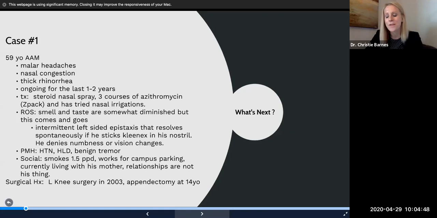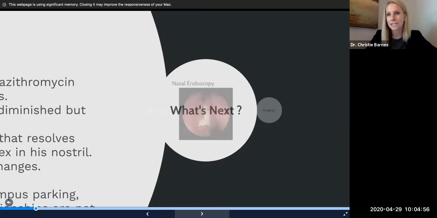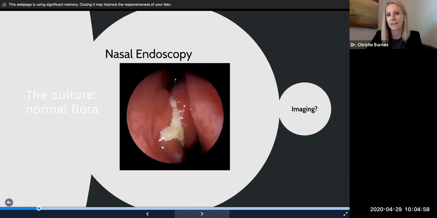So the next thing you do with this gentleman in your office is use the tools that are available to you. You do the nasal endoscopy, and this is what you see. This is edematous mucosa and then pharyngeal pus. Due diligence, you take a culture and start him on culture-directed antibiotics. As you're getting that started, you're thinking, okay, I really want to see how bad this is.